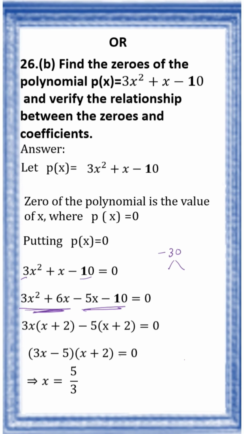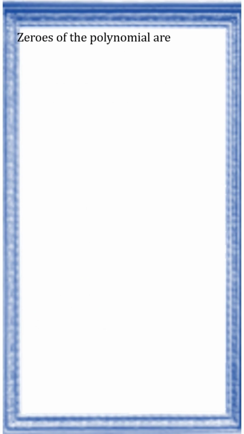3x is equal to 5, so x is equal to 5 by 3. X is equal to negative of 2. So zeros of the polynomial are alpha is equal to 5 by 3 and beta is equal to negative of 2.